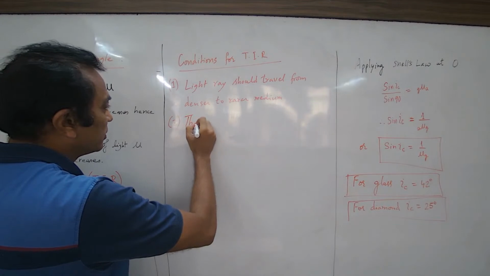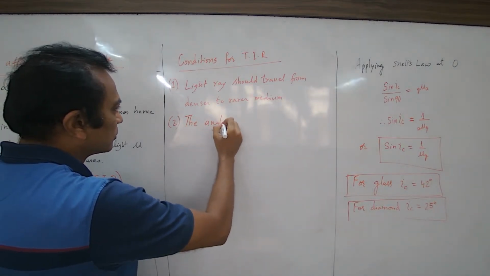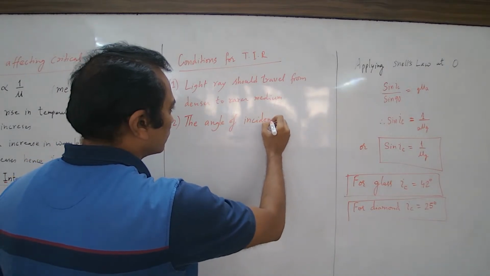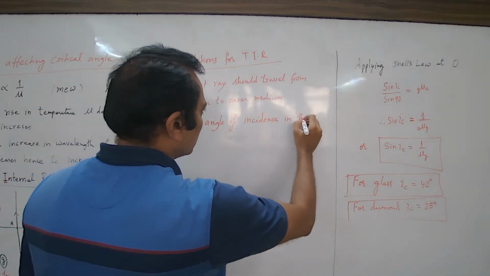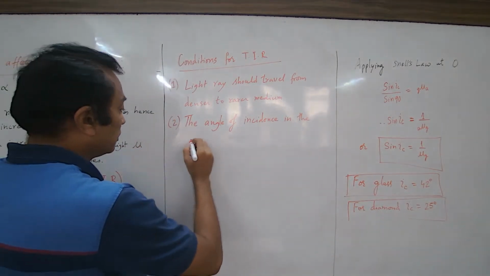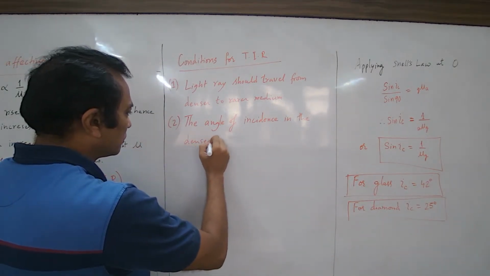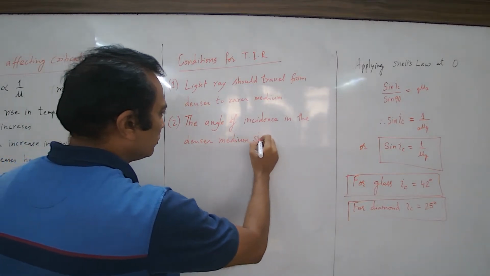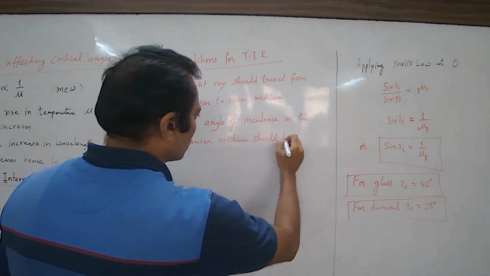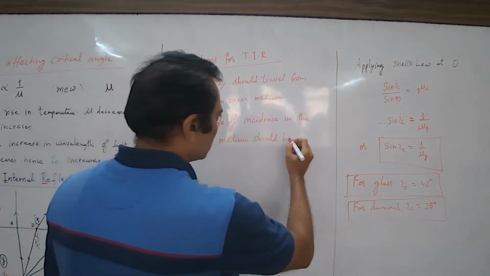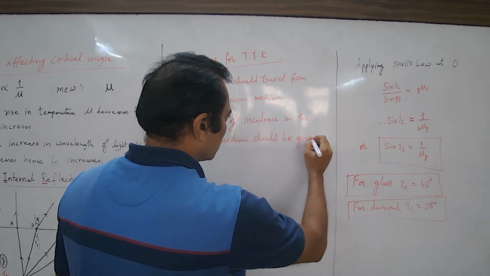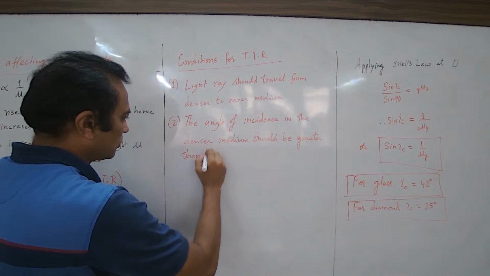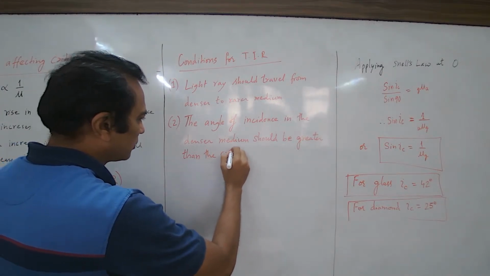The angle of incidence in the denser medium should be greater than the critical angle.